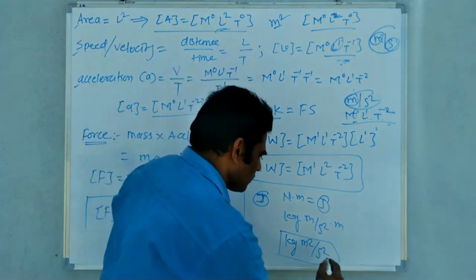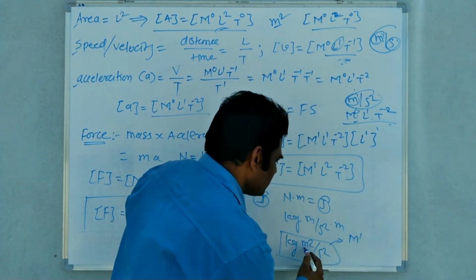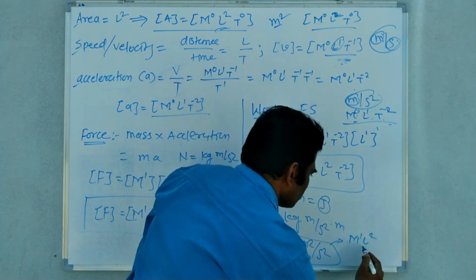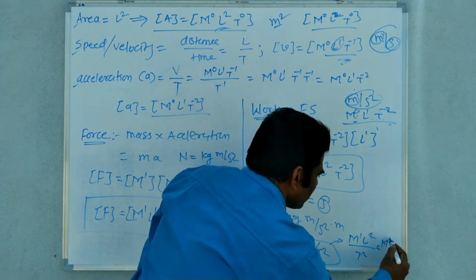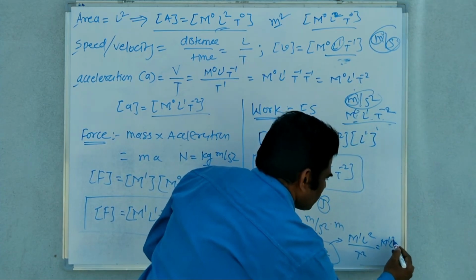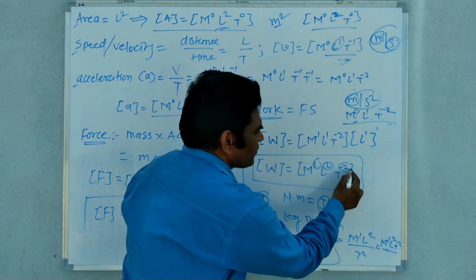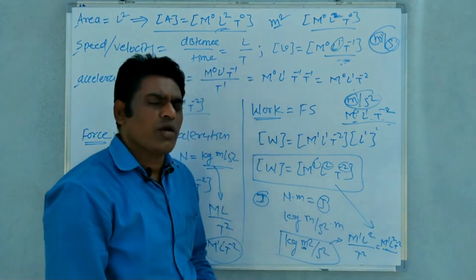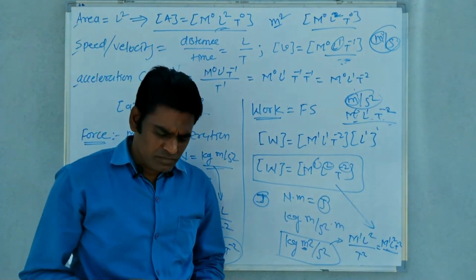From this also you can calculate: kg means mass m1, meter square is length L2, divided by second square means t to the power minus 2. So, m1 L2 t to the power minus 2, the same as before. So, from unit also you can calculate dimensions. Clear?